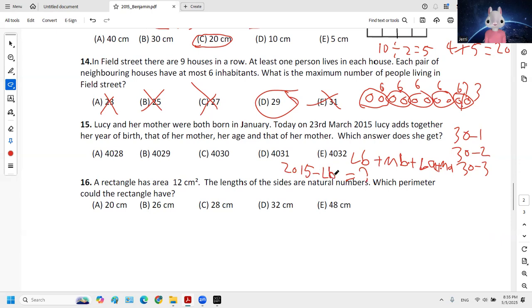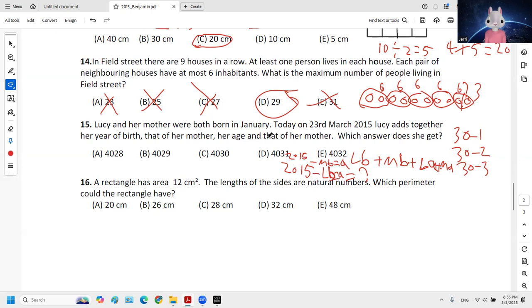That's how to get Lucy's age right now. And then to get her mother's, 2015 right now, minus her mother's year of birth equals her age.